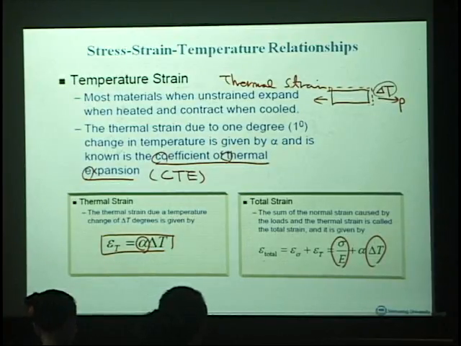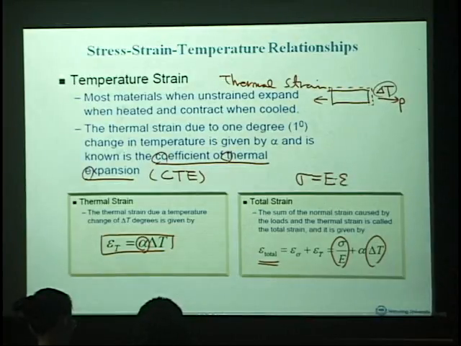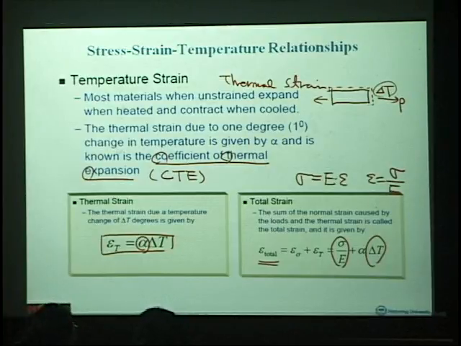So total expansion will be given in terms of stress. So remember, stress equals E epsilon. So epsilon will be sigma divided by E. So this is the expansion due to a stress, and this is the expansion due to a temperature. This is the summation of strains. It's called total strain.